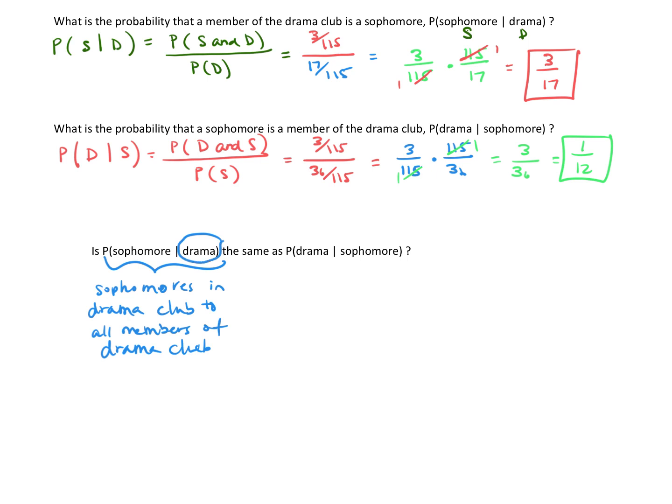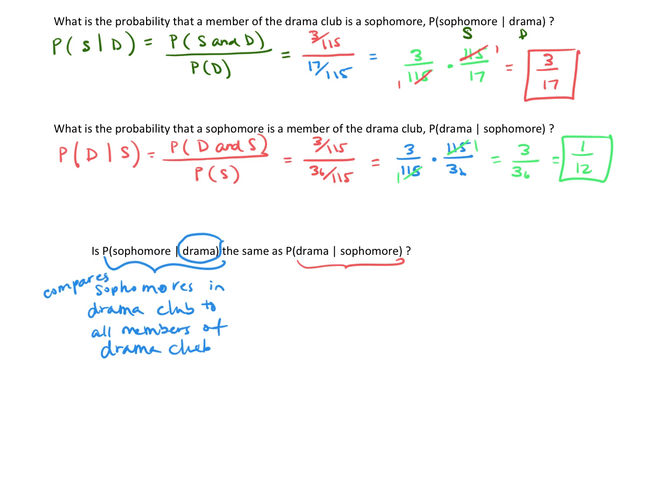That was the condition. All right, now this one, what it's doing is it's comparing sophomores in drama club. Oh, on the last one, I wrote out the word compares. I think I said it, but I didn't write it.